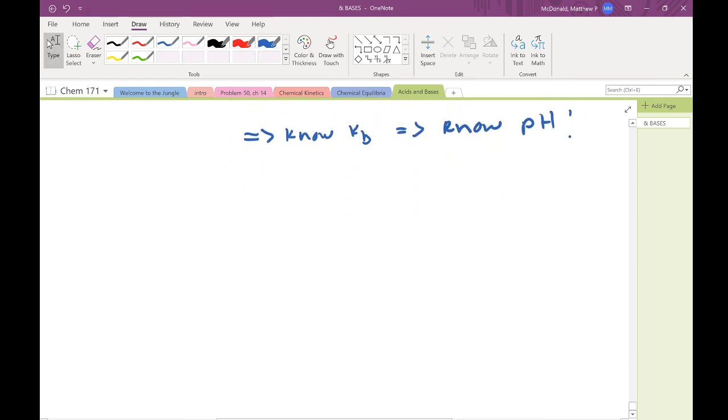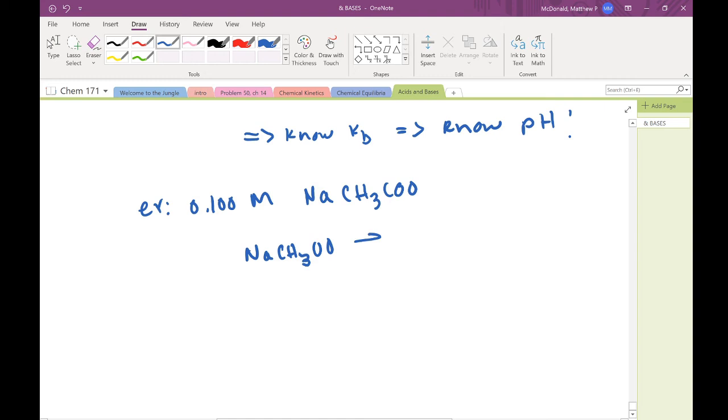Let's say we have a 0.100 molar sodium acetate solution. We know that when we put sodium acetate into solution, we are going to form sodium plus and acetate.